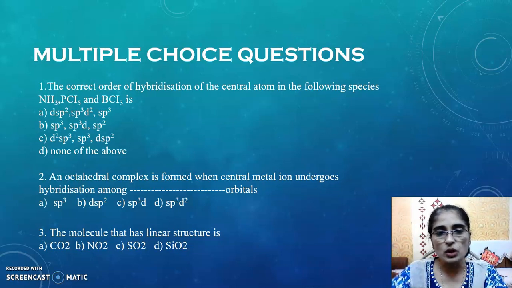Third question: the molecule that has linear structure is. Linear structure is possible when the hybridization is sp, when two hybrid orbitals are formed and they overlap with the orbitals of the surrounding atoms, then the geometry will be linear.